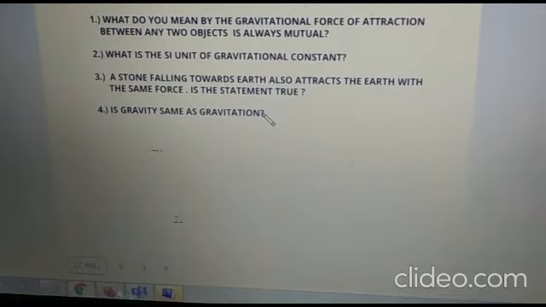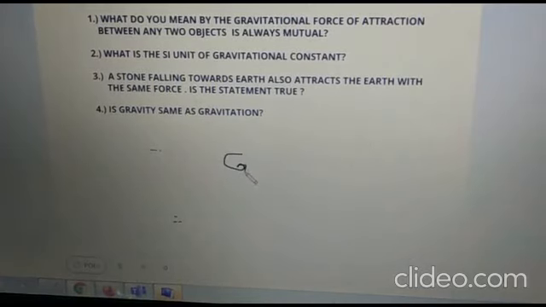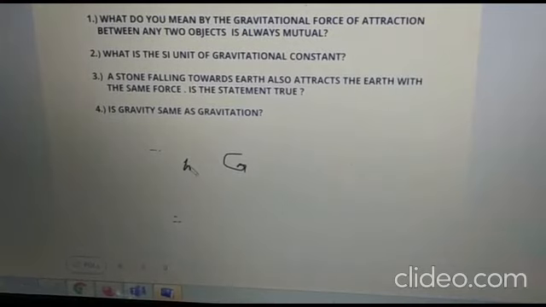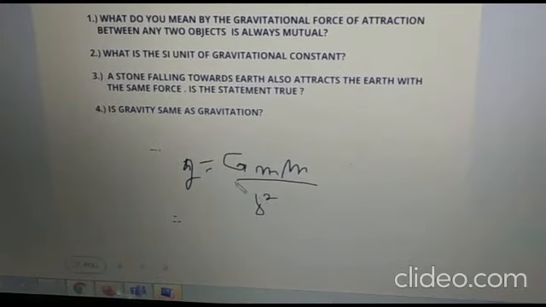Okay, guys, now the second question is, what is the SI unit of gravitational constant? The gravitational constant is this one. I will not straight away give you the unit, but also explain it. You have already studied this formula: small g is equal to big G, product of masses of both the objects, divided by d square. Now we can put d square here with g.